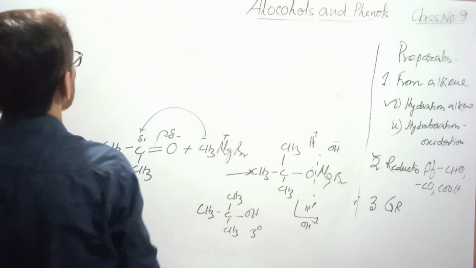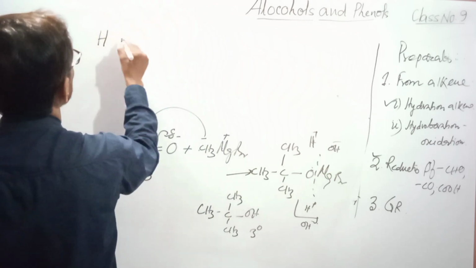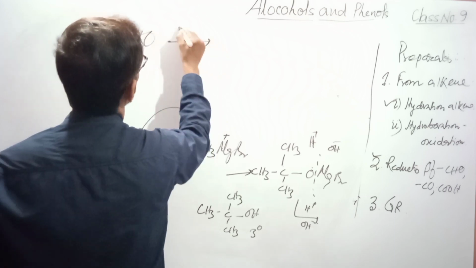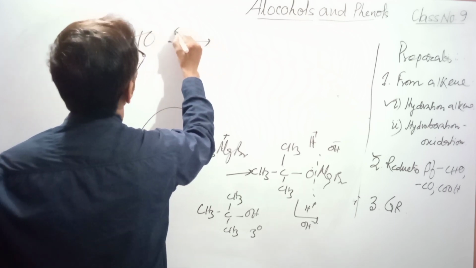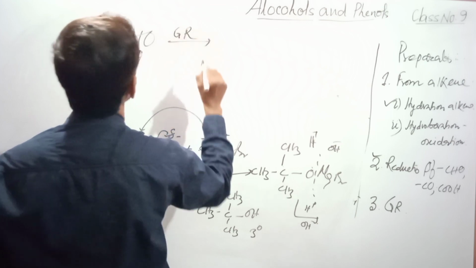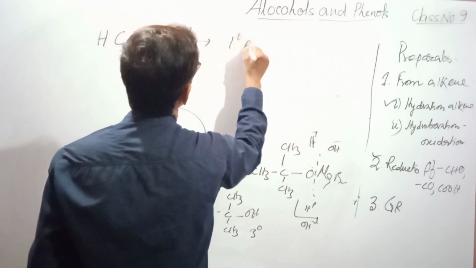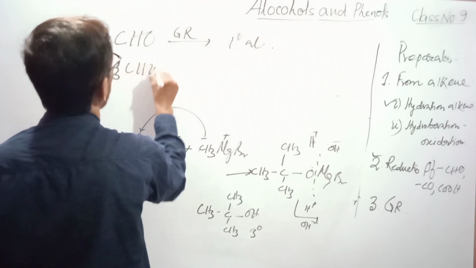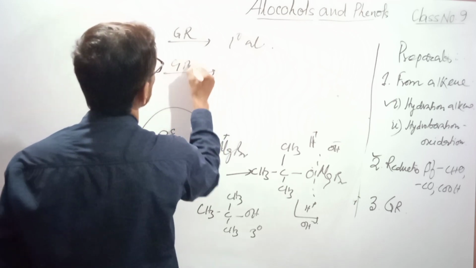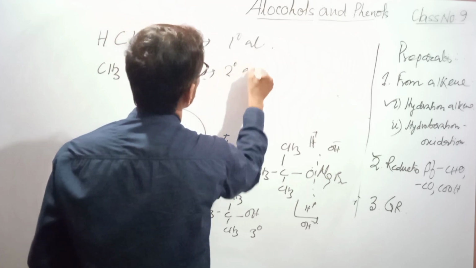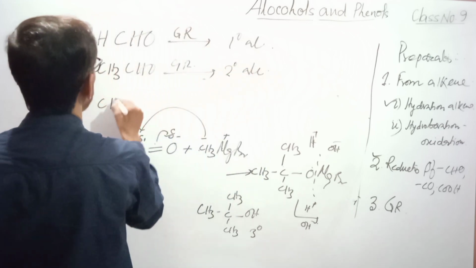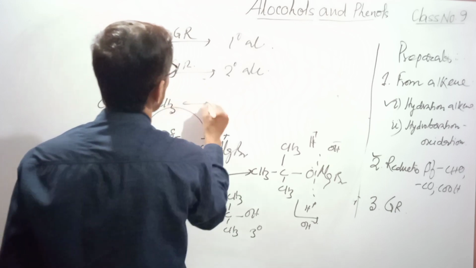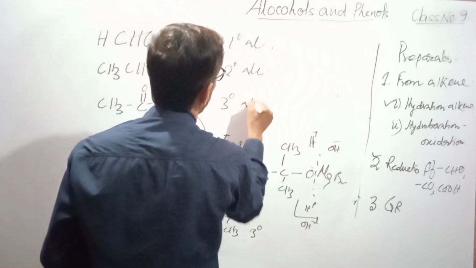So the condition is that if you treat the Grignard reagent with formaldehyde, you are getting 1 degree alcohol, and if you use acetaldehyde with Grignard reagent, you are getting 2 degree alcohol, and if you use acetone with Grignard reagent, you will get 3 degree alcohol.